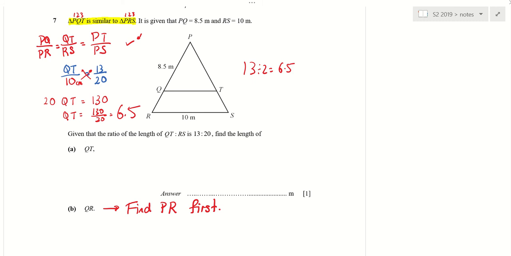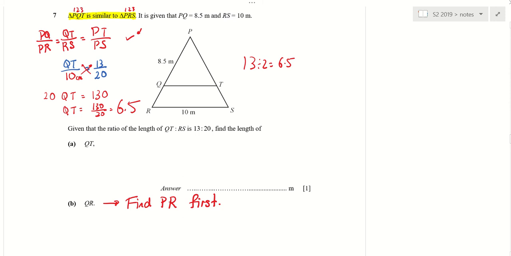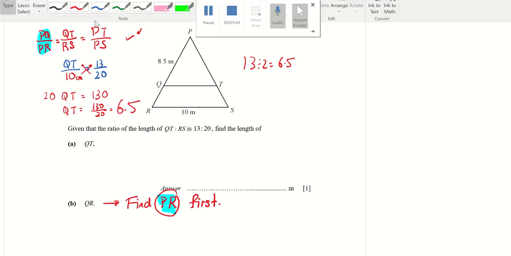But if I don't want to do that, I can also use these three ratio. Do you follow? Since I want to find PR, I am looking at these two ratio first.